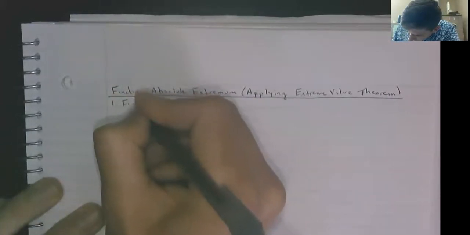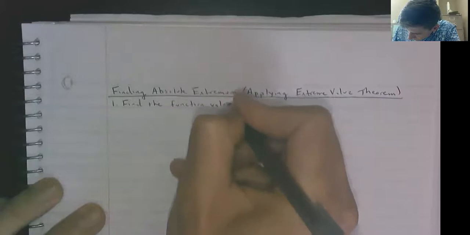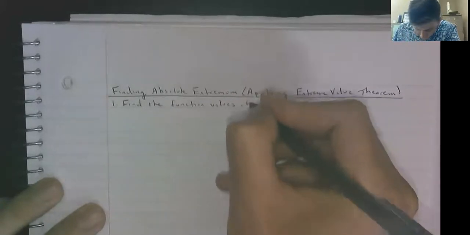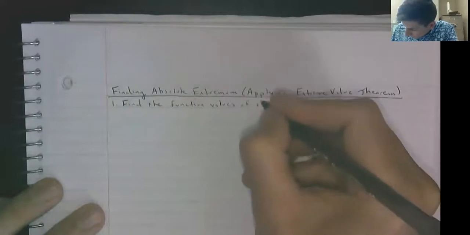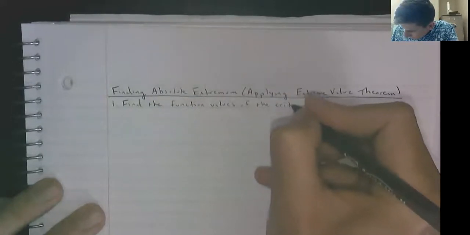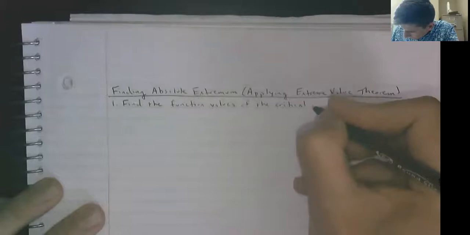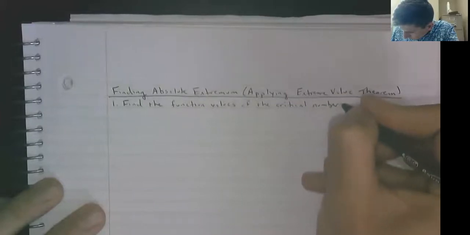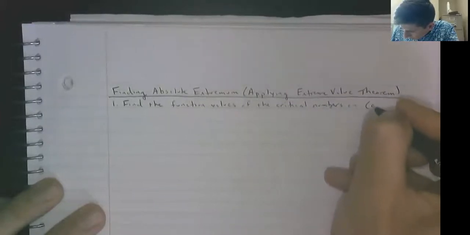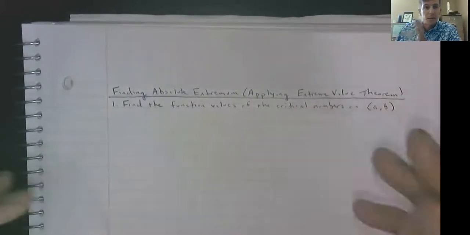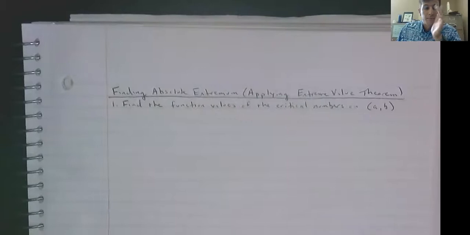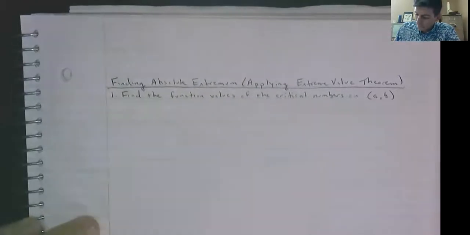One, find the function values of the critical numbers on the interval from A to B. Technically, it's the open interval when we're doing the critical numbers because it can't be the endpoints, but you don't need to stress out about that.